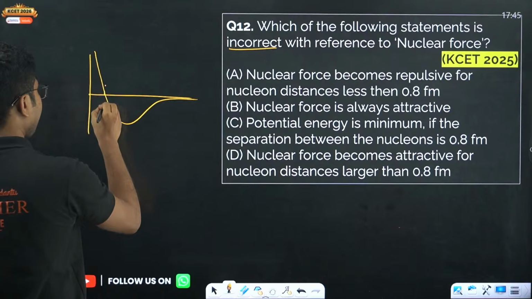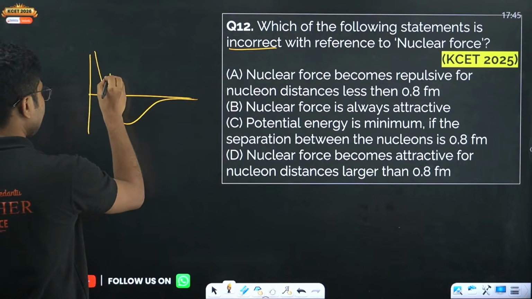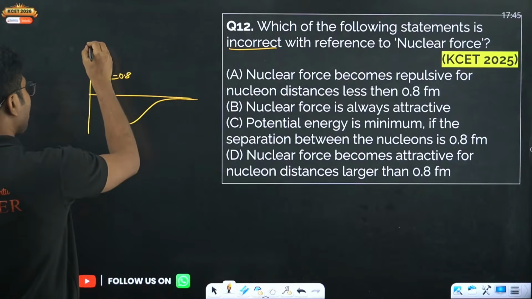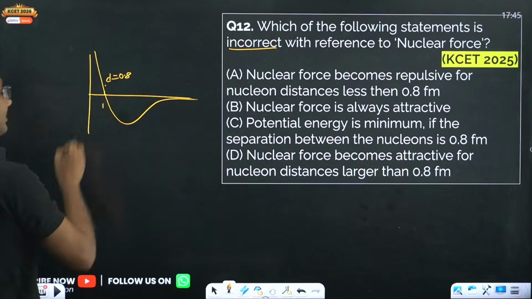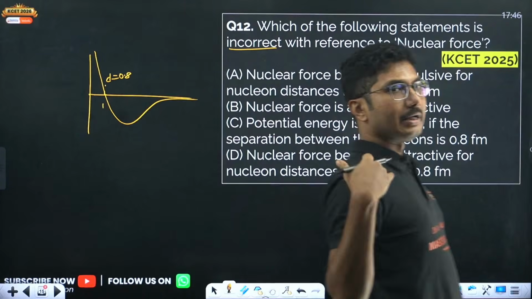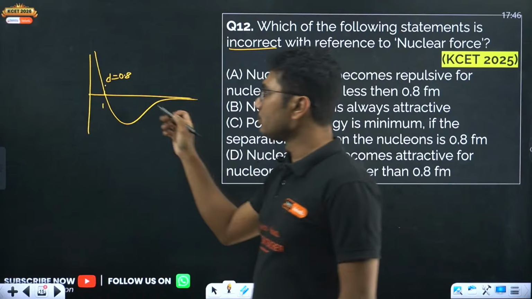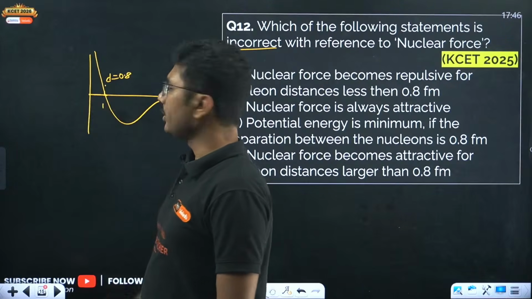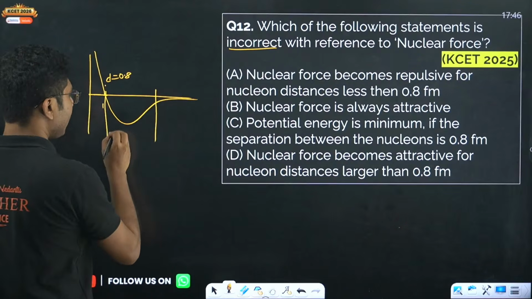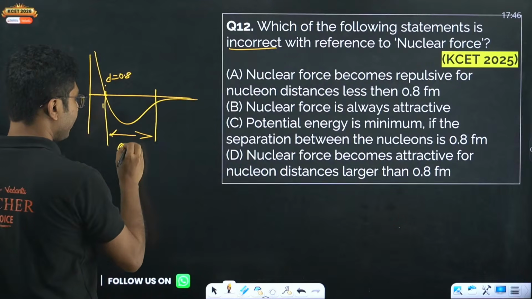This distance is 0.8 femtometer. If the distance is less than this, the potential energy is positive. That means the force is repulsive. This zone represents nuclear force is repulsive. This zone represents nuclear force is attractive.